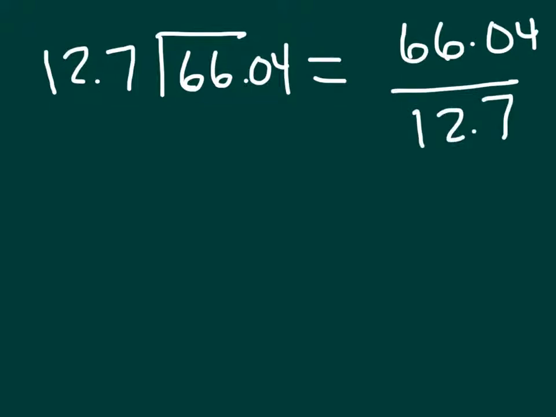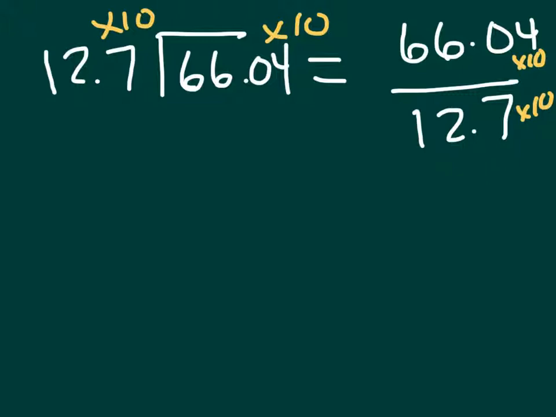So we know that with a fraction here, whatever we do to the denominator, we have to do to the numerator. So because we multiplied the denominator by 10, we also have to multiply the numerator by 10. Okay, so this 12.7 we multiplied by 10, so we also have to do it to the dividend.